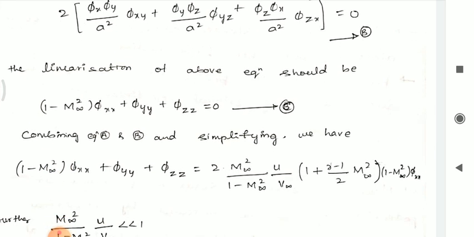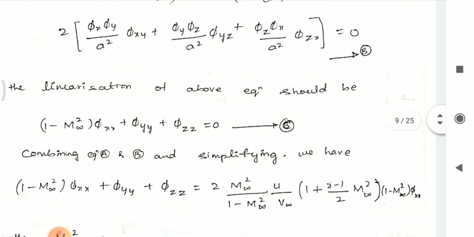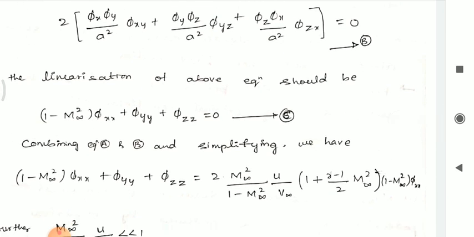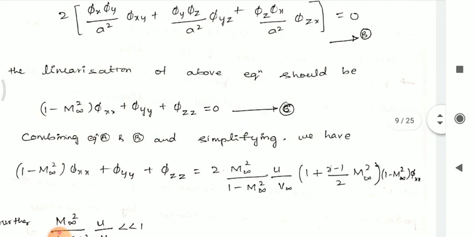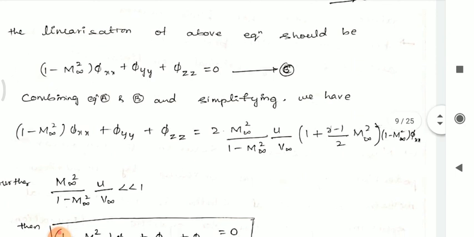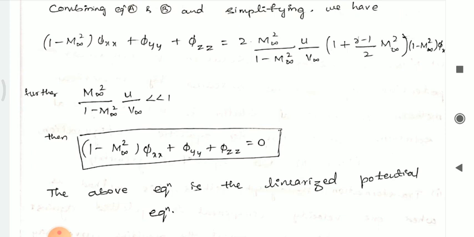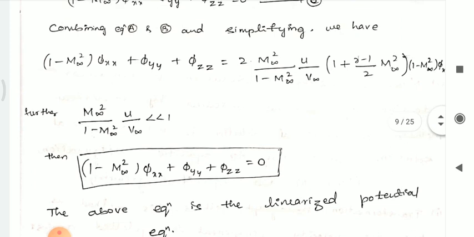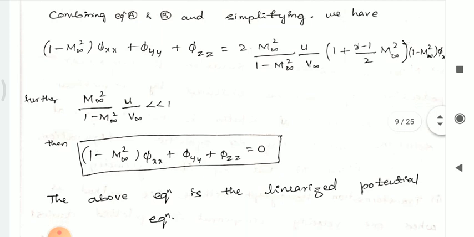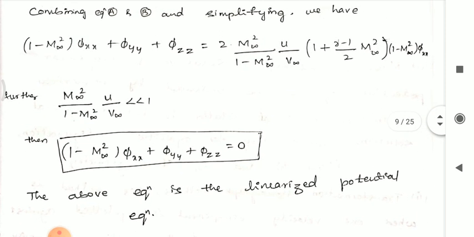So first take the C left hand side and take the right hand side as the combined equation of A and B, which is 2 into m∞². Just combine that equation and write down 2 into m∞² (1 minus m∞²) u/v∞, and then the term m∞² divided by (1 minus m∞²) into u/v∞. On the right hand side, the first term will go, since u/v∞ is very much less than 1, like that all the terms will go off.